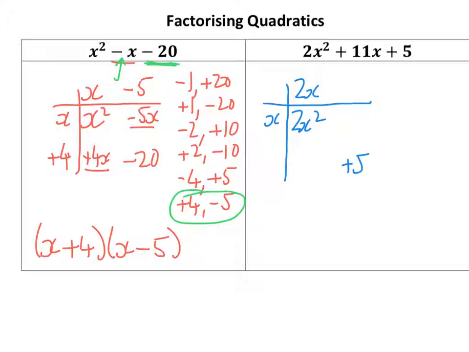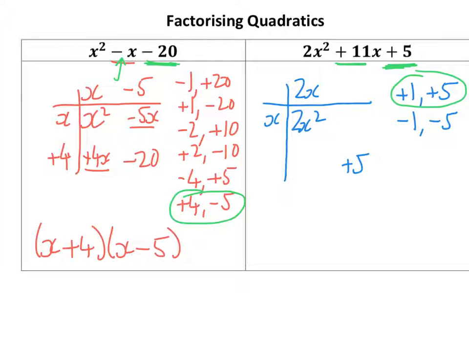But this one, we're looking for pairs of numbers that multiply to make plus 5. So that's actually not too hard. We've got plus 1 and plus 5, and don't forget minus 1 and minus 5. Now, the pair that we're going to be using, because that's plus 11 there, has got to be that one. And we've got to work out which way round they've got to go.